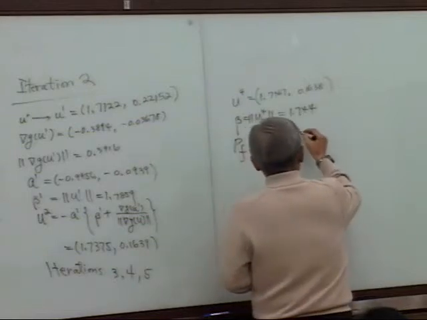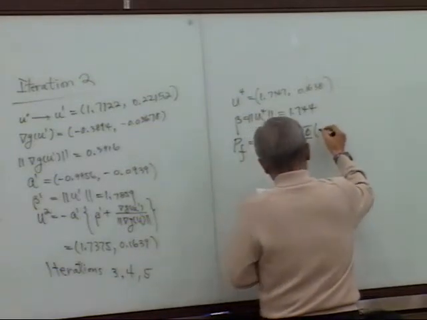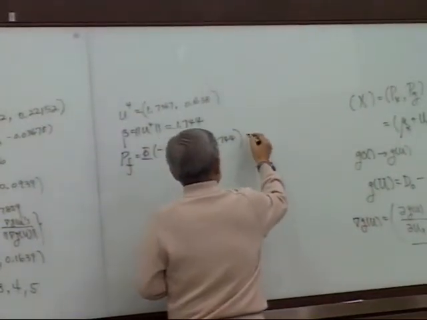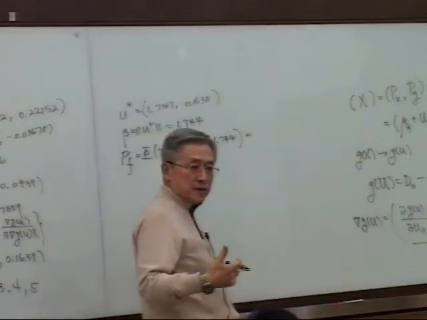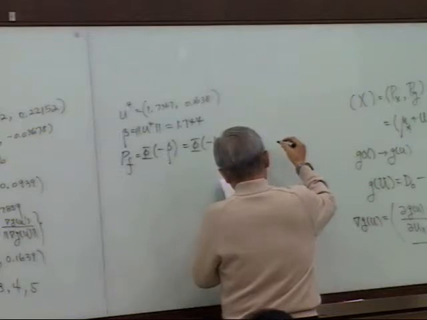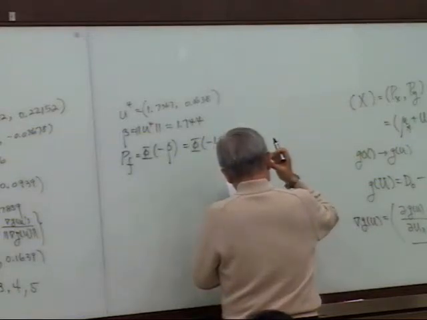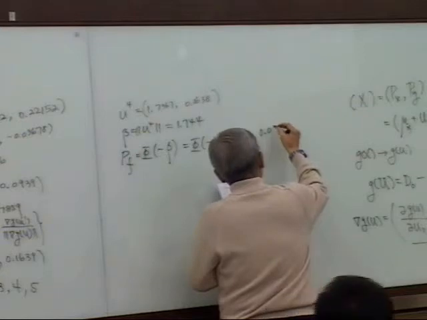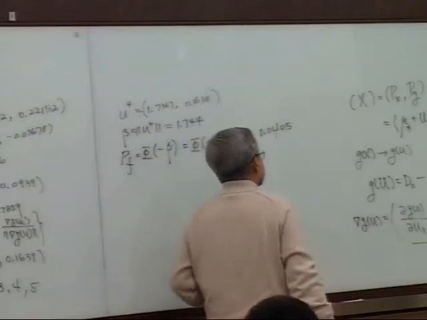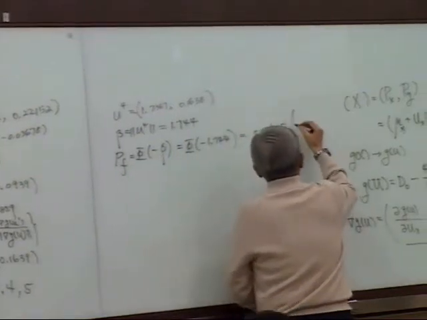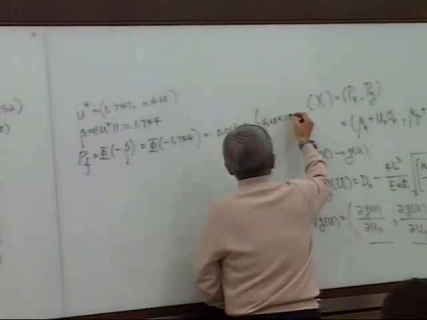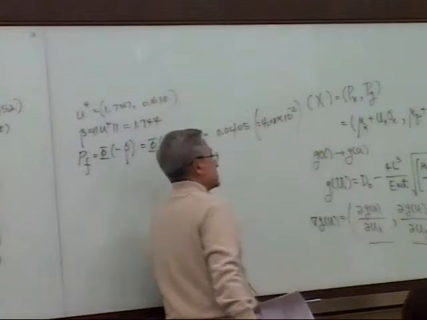If you compute phi of minus 1.744, you look at the table or MATLAB, if you punch it in, you get the result, which is equal to 0.0405, which is 4.05 times 10 to the minus 2.